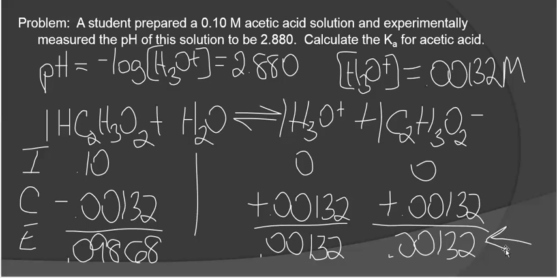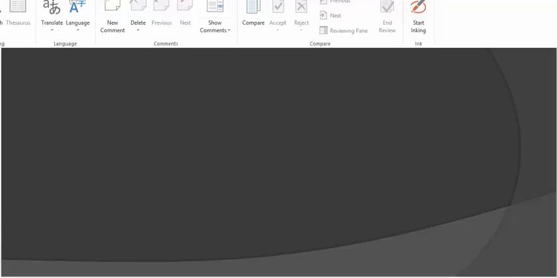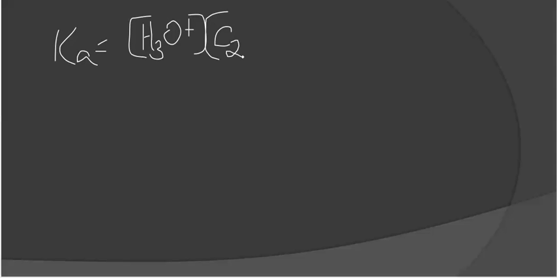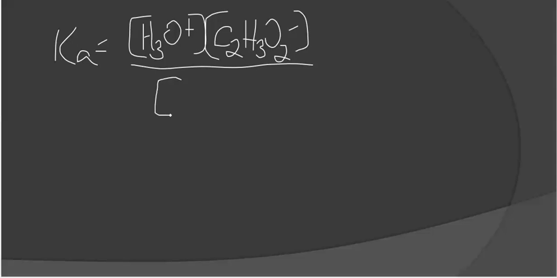So here's how we solve for Ka. Ka is equal to products. Go back to my equation, H3O plus times acetate divided by acetic acid. Plug in our equilibrium concentrations.